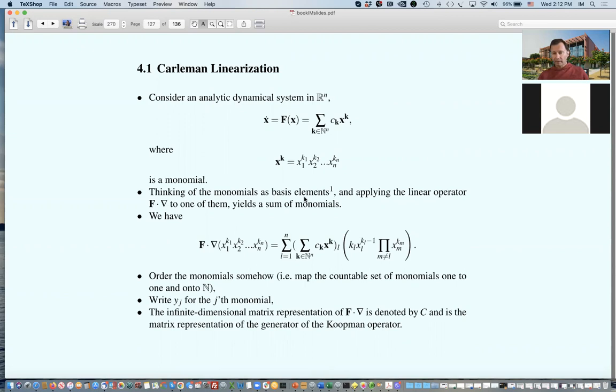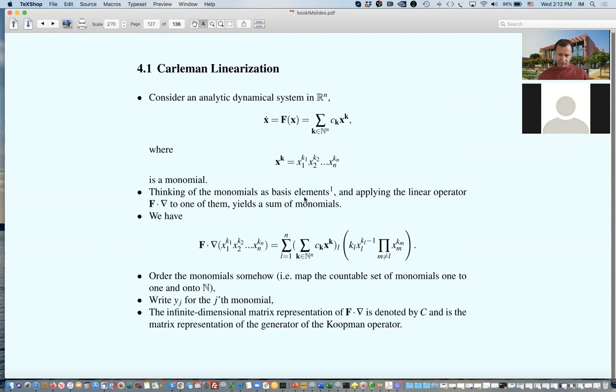Now, I should point out that one has to be a bit careful here, because if one takes a look at the space of all analytic functions on R^n, that actually doesn't really have a basis.